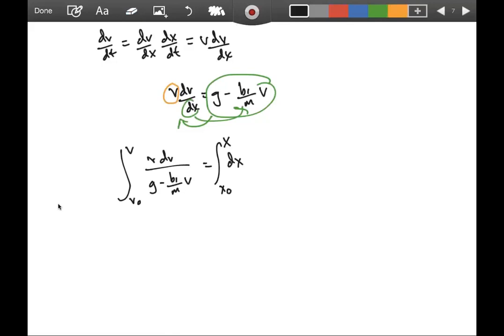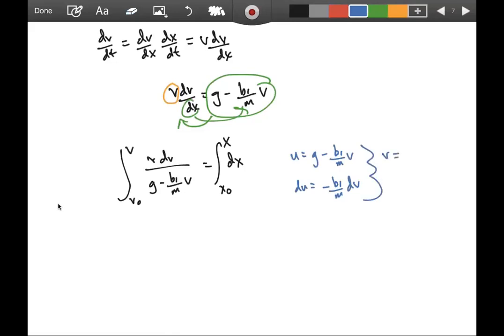So for this, let's use a u substitution. For the left-hand side, I'm going to rewrite u as g minus b1 over m times v, which means that du is equal to minus b1 over m dv. Good. So from here, let's rewrite the left-hand side. From this term, we can rewrite v.